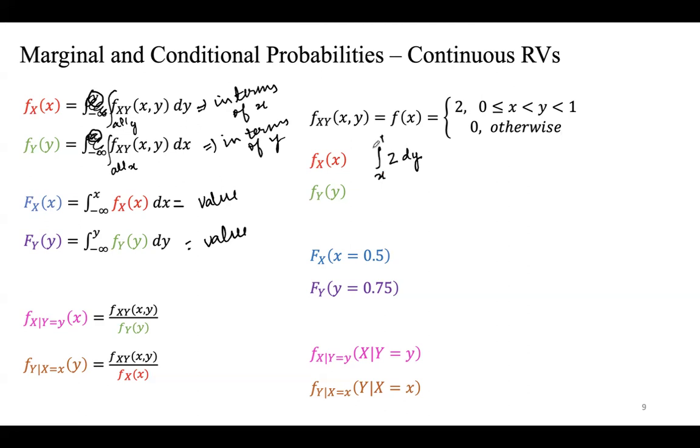And if you draw a diagram, you will get a good idea. I don't know if I can draw it, y equal to x, the y equal to x line. This line. Your region is what? Okay, so let's say this is x, this is y.